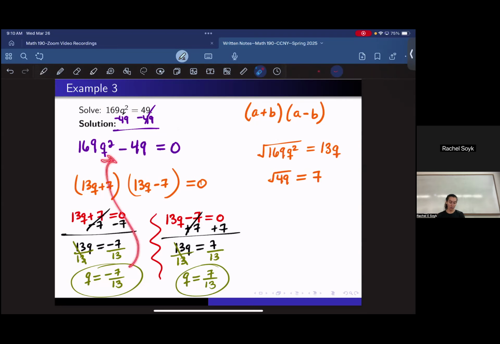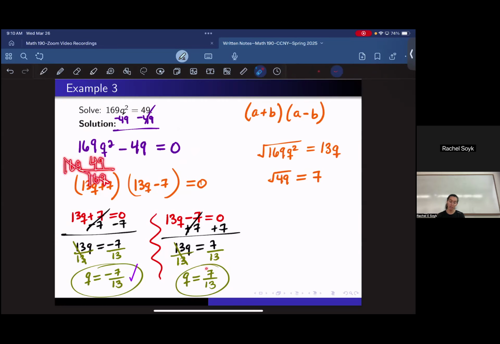Negative 7 over 13 squared is a positive 49 over 169 times 169 gives you 49. And so 49 minus 49 gives you 0. So that first solution works. Second one, we would get the same results because 7 over 13 squared is once again 49 over 169 times 169.